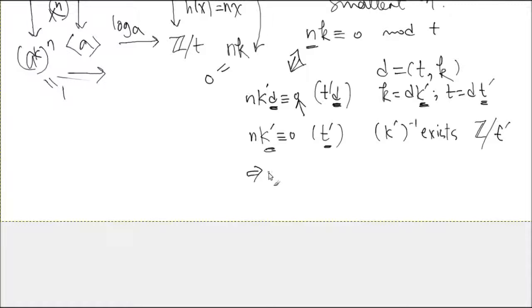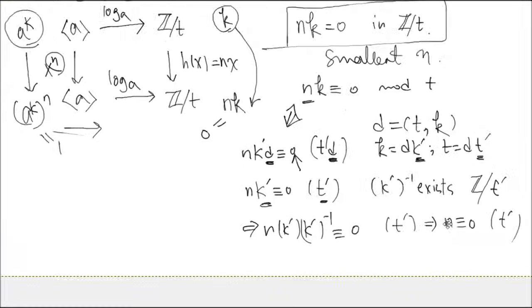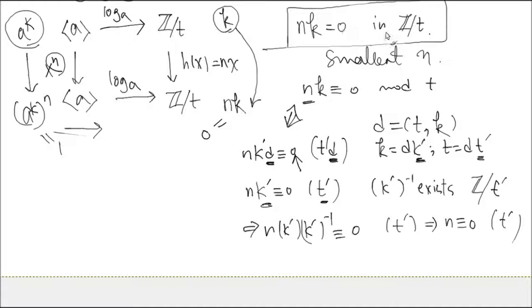The multiplicative inverse is multiplied, and 0 is always there, 0. Then it says n must be 0 mod t prime. Is that right? So the conclusion is that nk is 0 mod t if and only if n is 0 mod t prime. That's what we proved. Does that make sense?